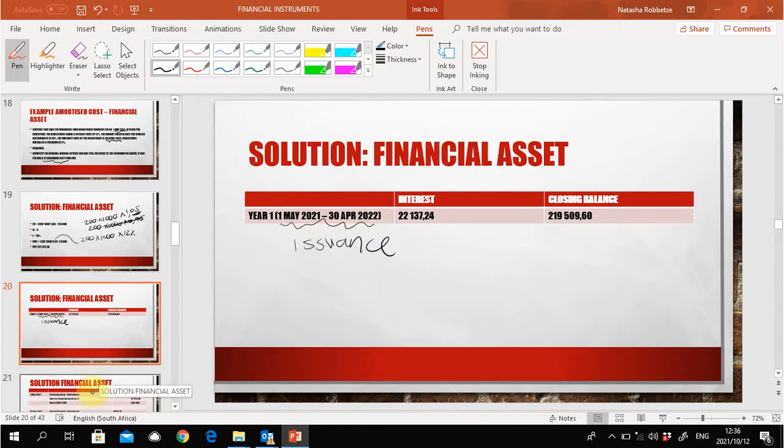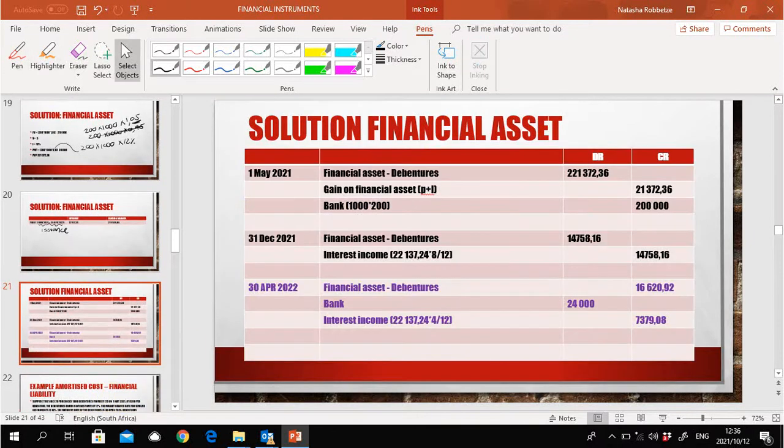If I now do my journals, I'm going to start off by saying I recognize my financial asset. So I debit financial asset debentures and I put the present value that I calculated here. Under bank, I make a payment to buy this financial asset, which was 200,000. And this would be your future value, but it excludes the premium or the discount.